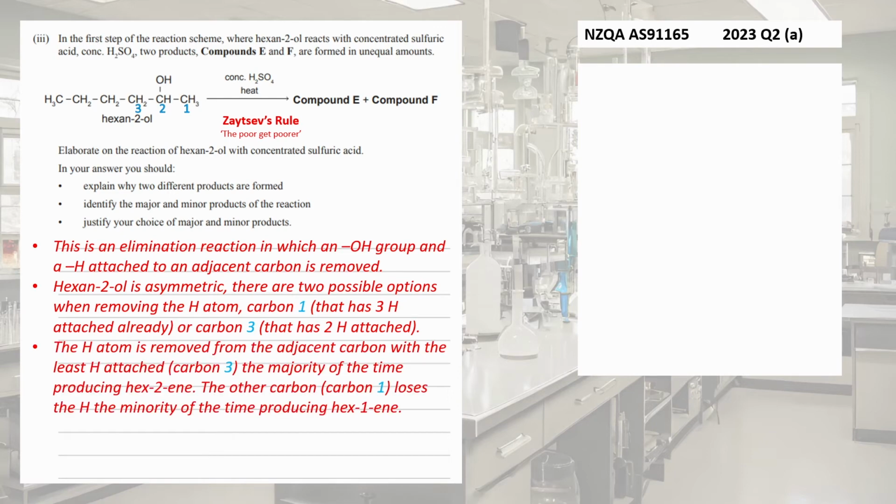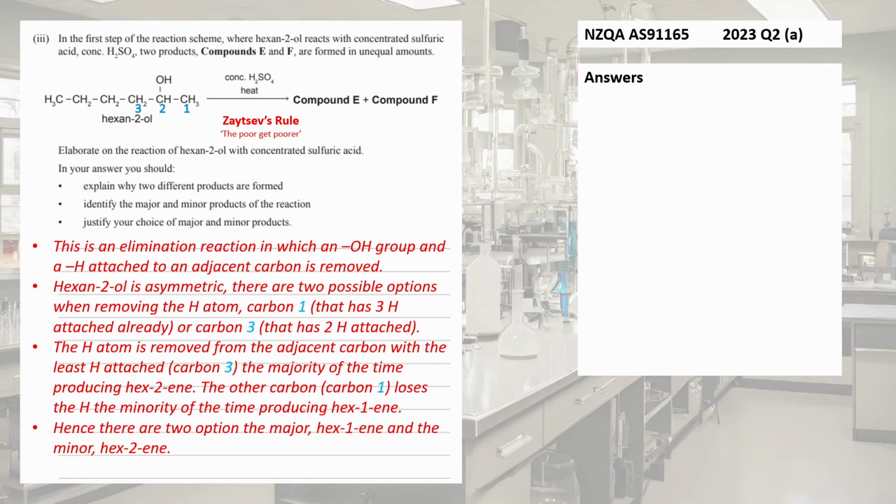Now, if it is removed from the adjacent carbon with the least hydrogens attached, that is 3, that will happen the majority of the time because it has the least hydrogens. We are going to produce hex-2-ene. If we take it away from carbon 1, the minority of the time will produce hex-1-ene. Hence, there are 2 options, hex-1-ene and hex-2-ene.